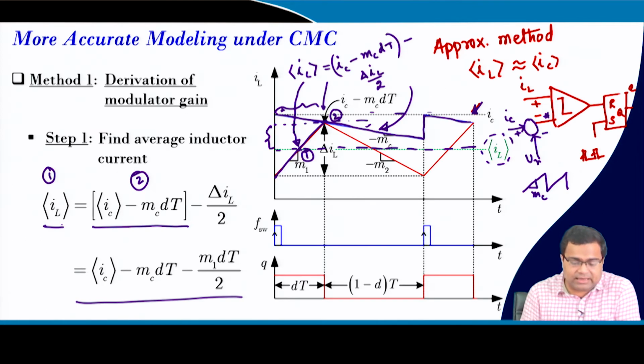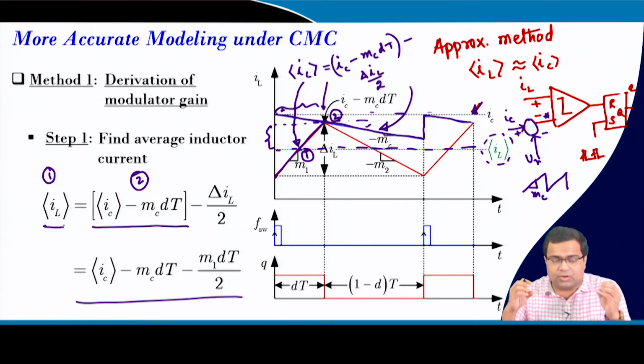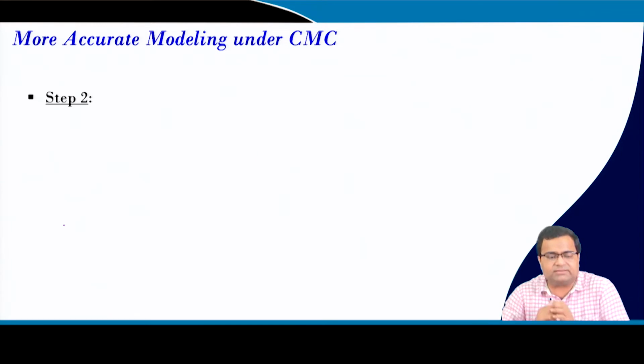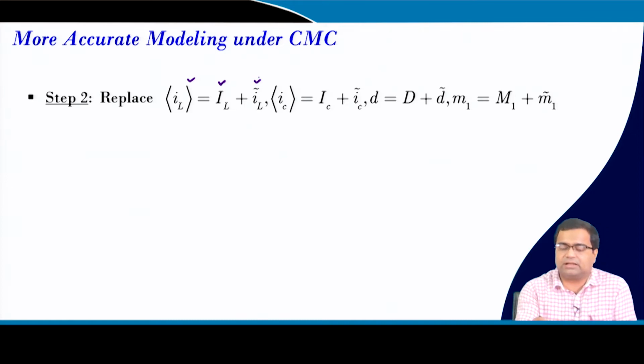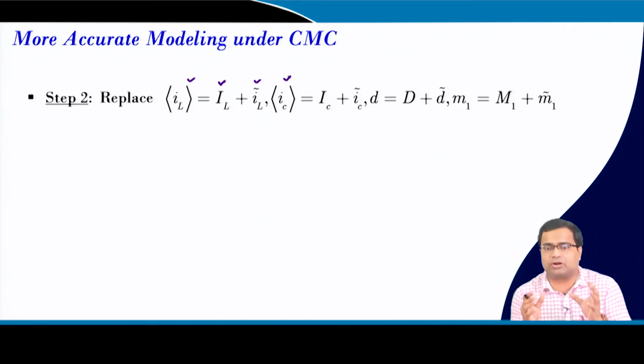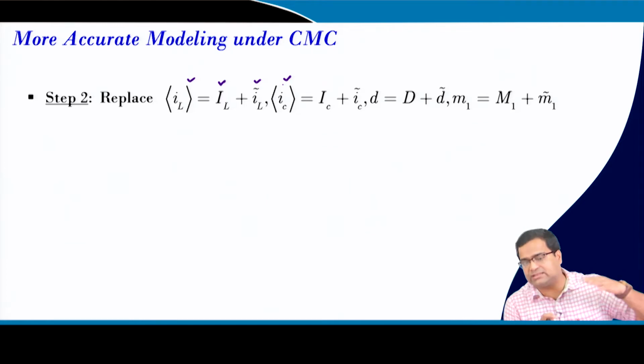This is my average dynamics, and in order to get the perturbed linear model, we have to replace this average quantity by the steady state quantity plus perturbation. That means, I need to replace my average inductor current by steady state inductor current plus perturbation, then the average control current, which is coming out of the controller, or it is a fixed current reference, or it can be an output of the controller, or it is just a control that we are sending from the outside.